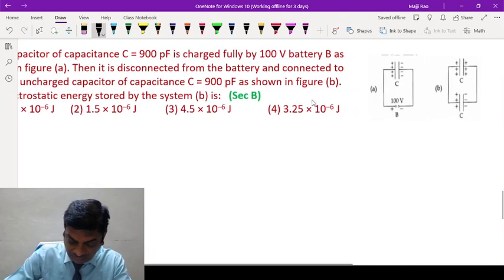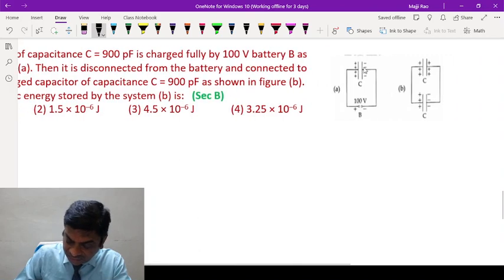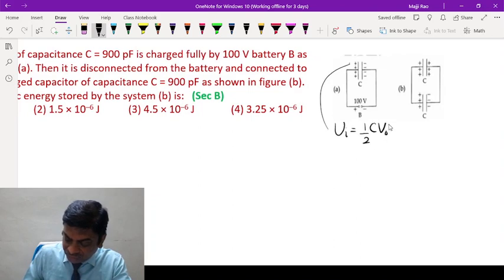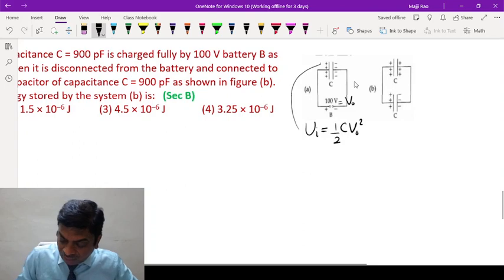Initially, the electrostatic energy in this capacitor, the initial energy, is half C V naught square, where 100 volt I have taken as V naught. This is the initial energy, we all know. Now once it is connected with an identical capacitor, what happens?